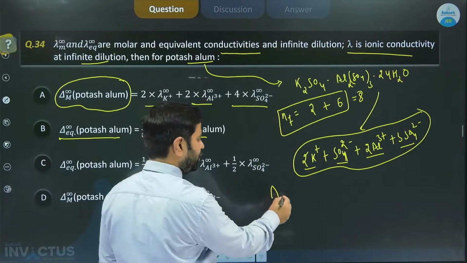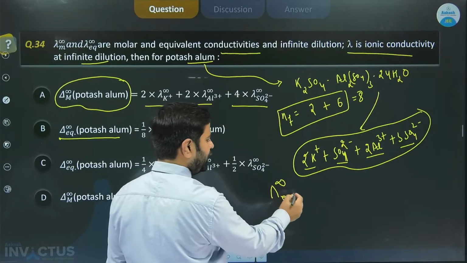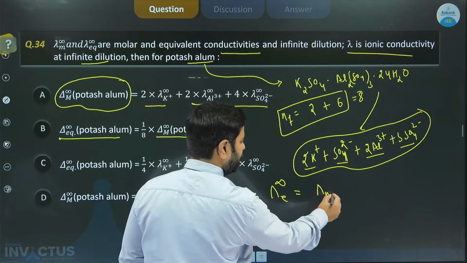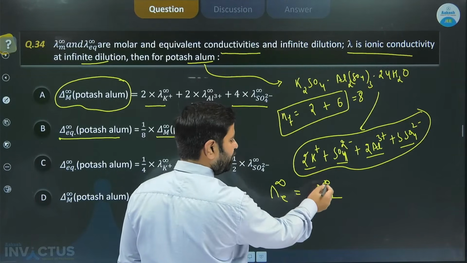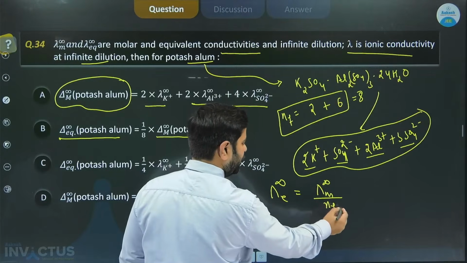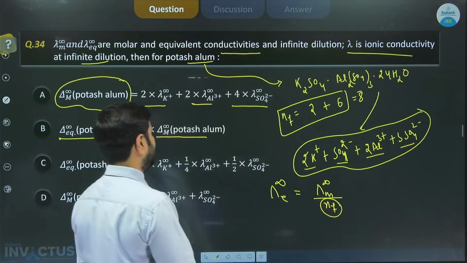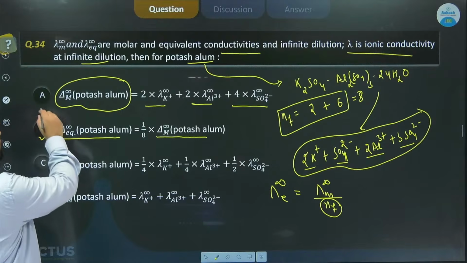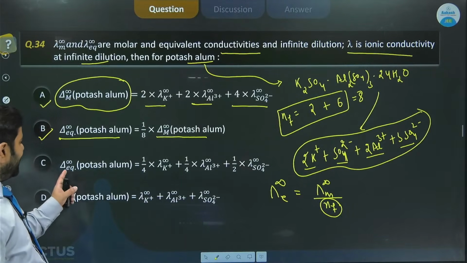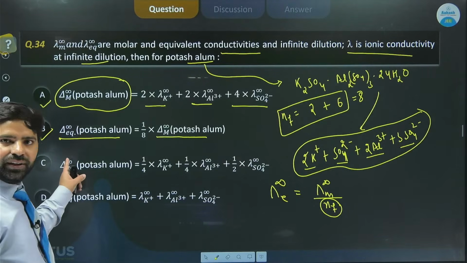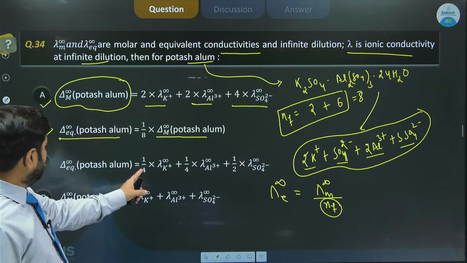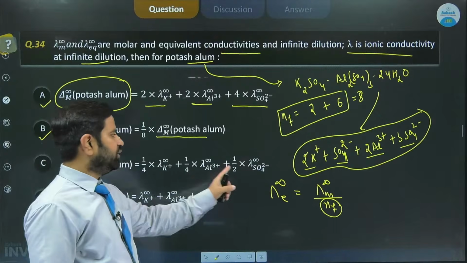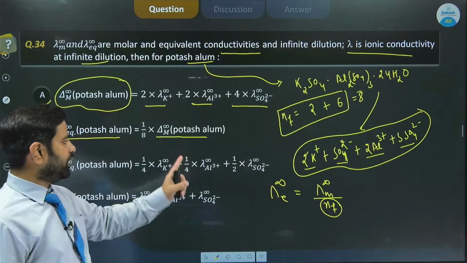So what is the relation? Lambda E equivalent equals lambda M, molar conductivity at infinite dilution, divided by n factor. And you know the n factor is 8. So this expression is also true. Lambda equivalent infinity, that is the equivalent conductivity at infinite dilution, you can write in terms of the ionic conductivity.